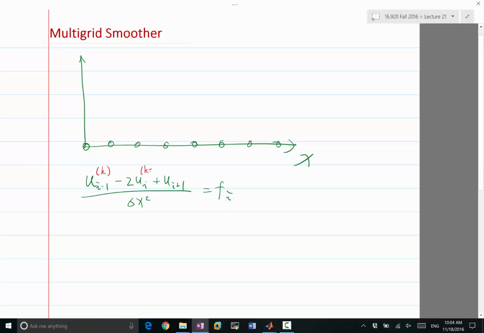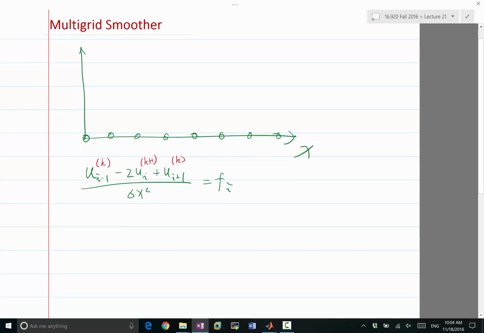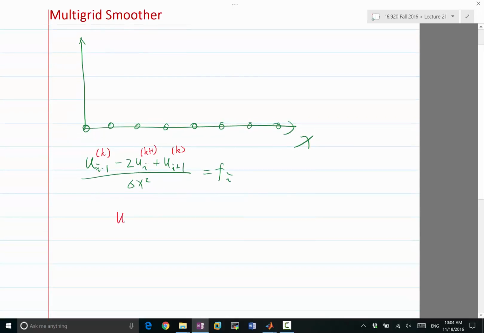This is the K plus 1, the diagonal part, and the K, the upper diagonal part. So the Jacobi iteration is keeping the K plus 1 part on the left hand side, and moving the K, the known, to the right hand side. So we have minus delta X squared over 2 Fi plus half of UI minus 1 K, UI plus 1 K.